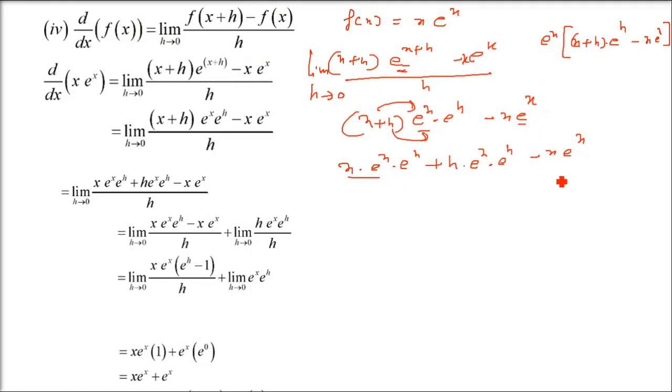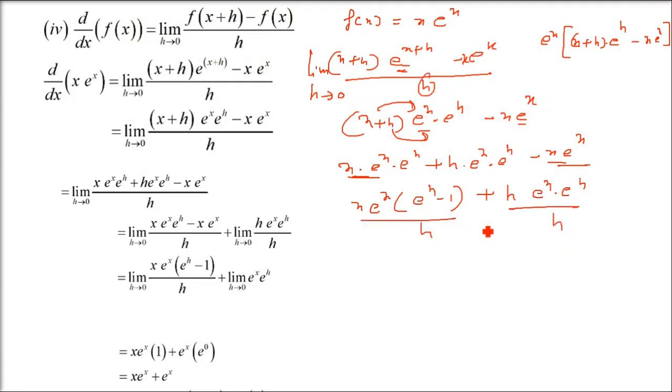I am dividing by h later. First take these two, first and third one. I am taking x e raised to x common from here. What is going to be inside? e raised to h minus 1, and the other one is h e raised to x e raised to h. Now h was already there, so you can divide now. Divide by h. Now apply the limit.